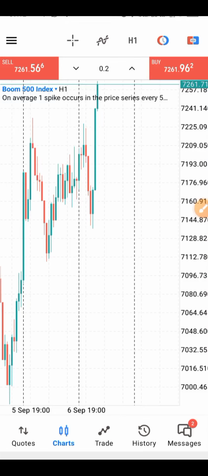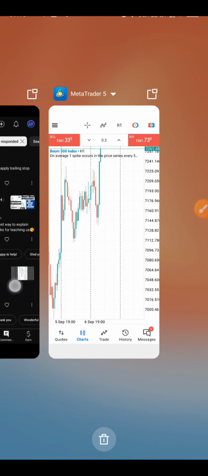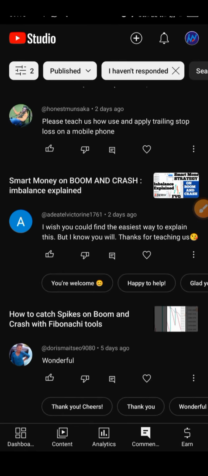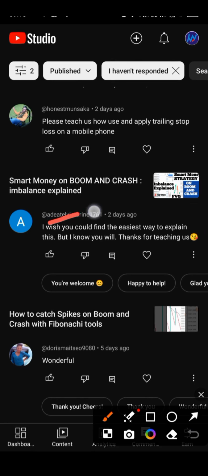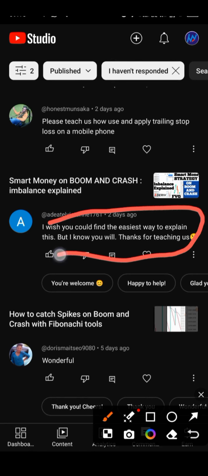After this video, you'll be able to spot an imbalance candle in the market and find your entry, a sniper entry, to make money using the smart money strategy. I'm doing this video because of a comment I saw under one of my videos, which said, "I wish you could find the easiest way to explain this, but I know you will.